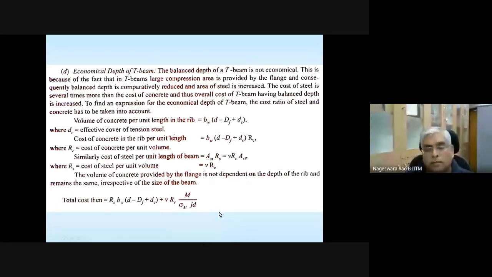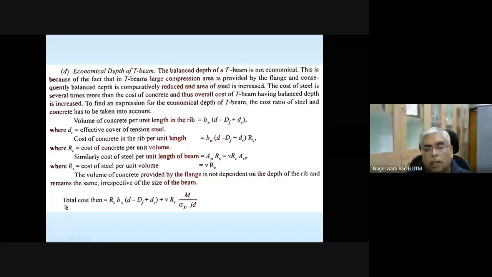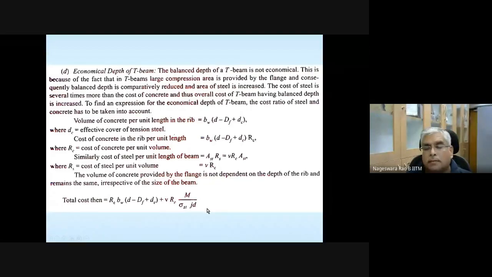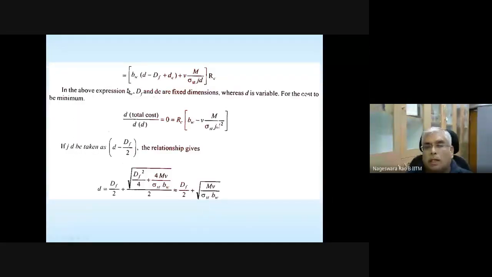Quickly. So the total cost of the T-beam is given by this, and that equation can be rearranged like this.